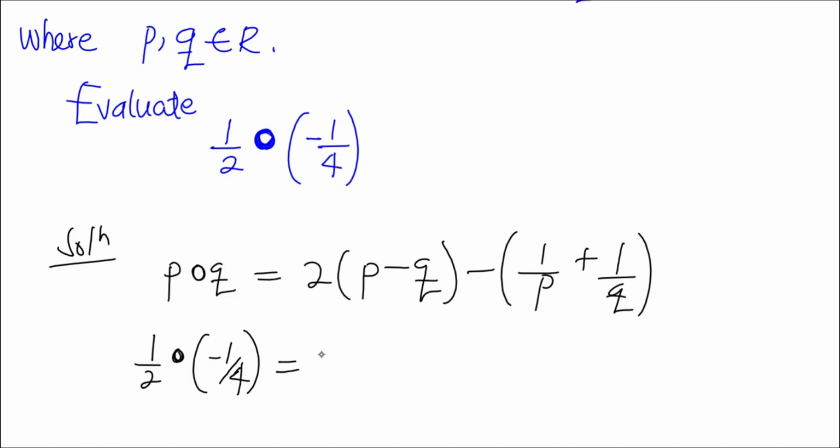So the first one, we have 2 multiplied by, so we know p to be 1 out of 2. We have our 1 out of 2 here, and minus, and q is known to be minus 1 out of 4.